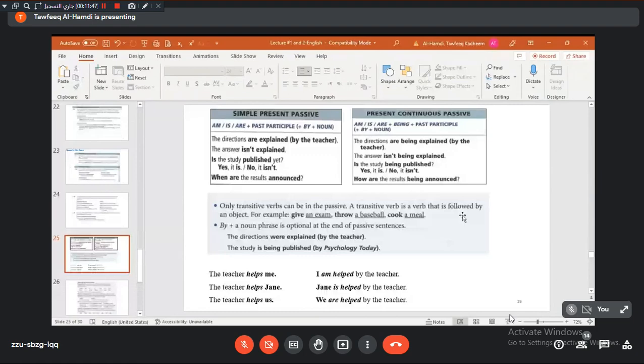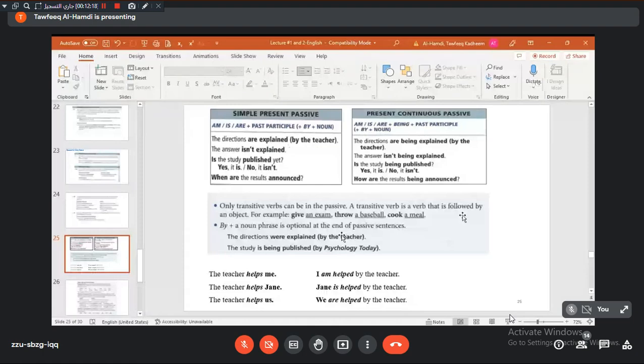An example for this note, you can see that one. So by plus a noun phrase is optional at the end of the passive sentence. You can say, for example, the directions are explained.